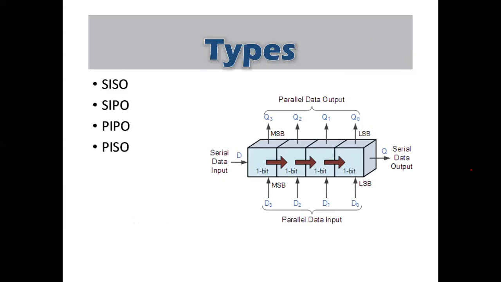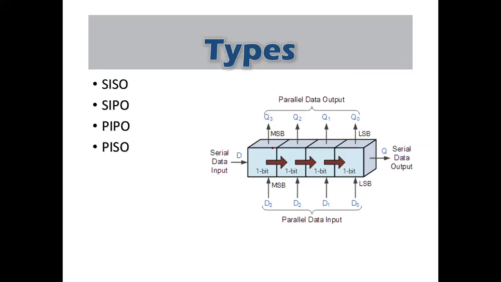So we have different types of shift registers available: SISO, SIPO, PIPO, PISO. SISO is serial input, serial output. I'll send the data one by one and I'll take out the data one by one.